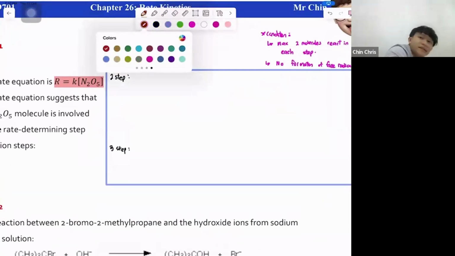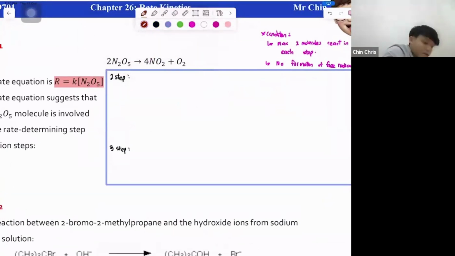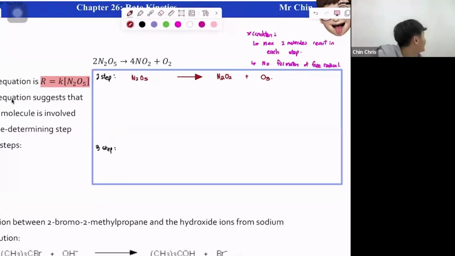So my first step is N2O5 turns into N2O2 and O3. No formation of free radical. Okay, ozone is formed. Let's go.